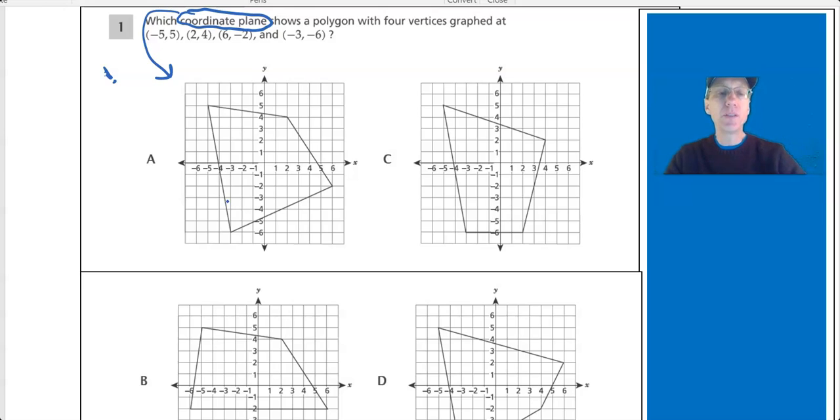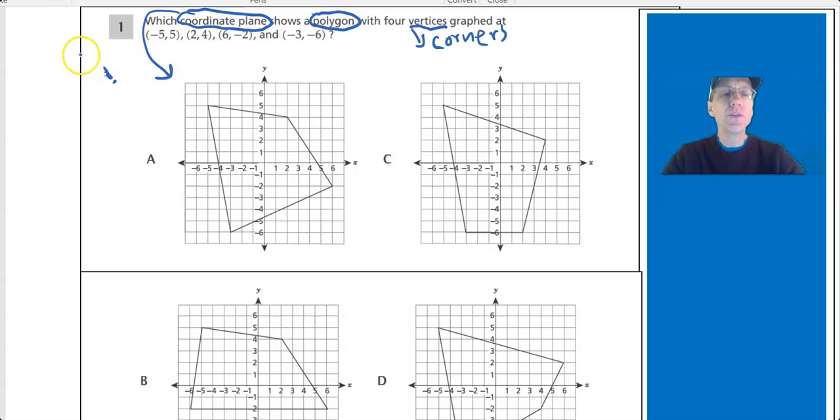It's like your GPS system. You have an X and a Y, 2 points, and the GPS is an application where we use the coordinate plane in our daily lives. A polygon just means a many-sided object with straight sides, and vertices are just corners. That kind of pops up every once in a while and confuses people, but that's all we mean.